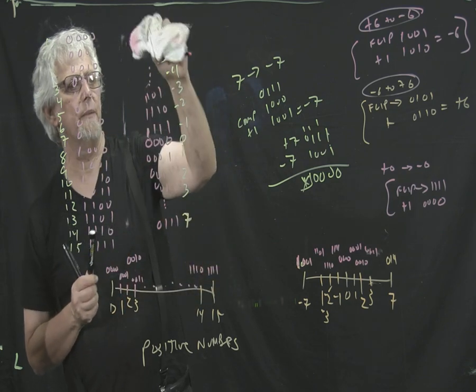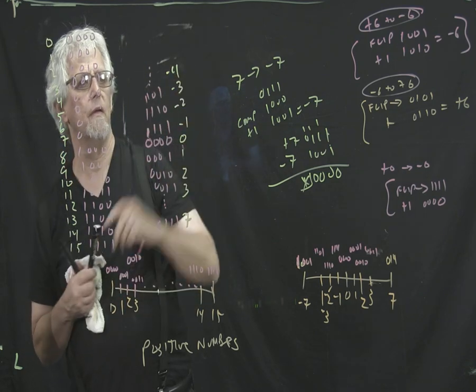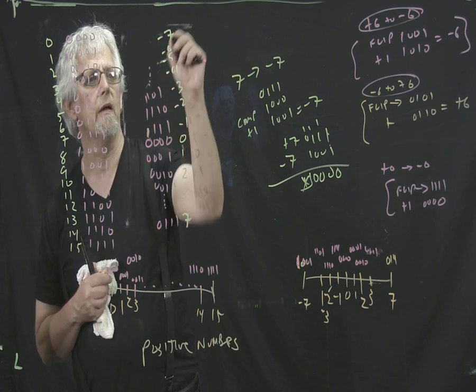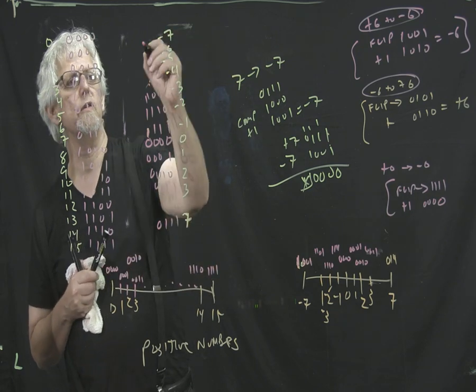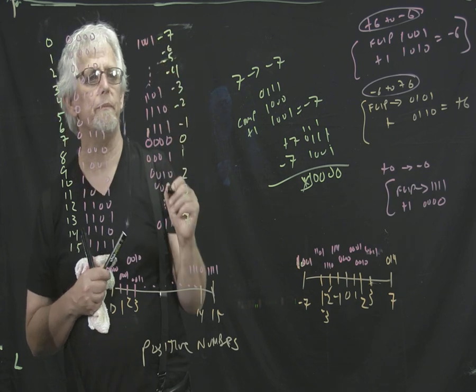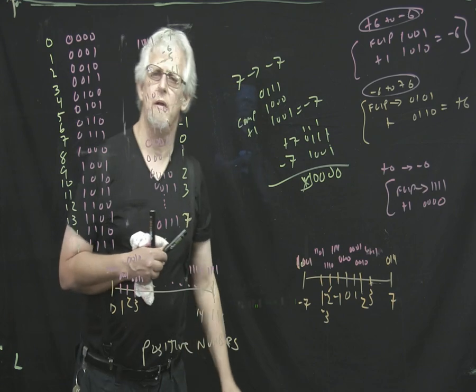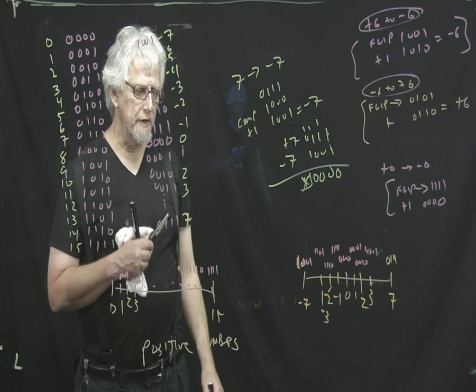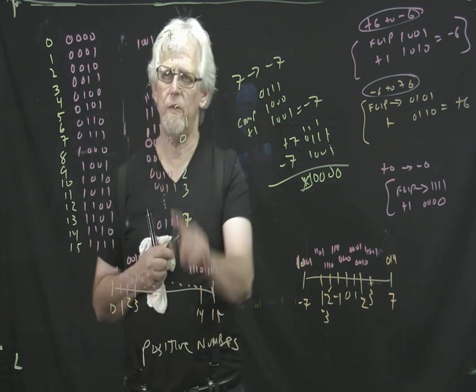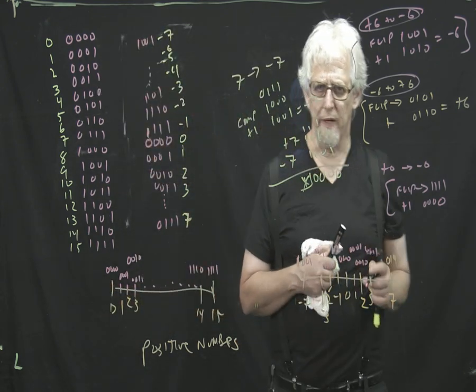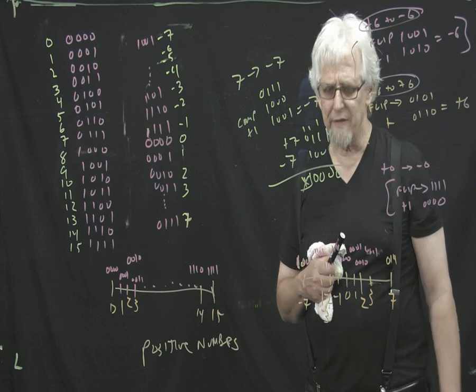Fix this up. My apologies. Minus 7 was 1, 0, 0, 1. And 7 was like that. Okay? All right, we're done. We got plus 7 over here. We have minus 7 over here. Plus 7 on the bottom, minus 7 on top.